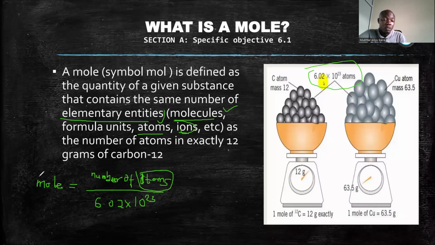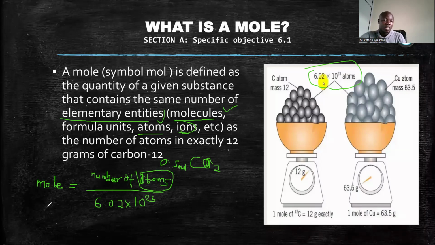You can be given a number of moles and asked to calculate the number of atoms, and it's simple. Let's say we have 0.5 mole of carbon dioxide, CO2, and we want to calculate the number of atoms present in 0.5 moles of carbon dioxide.